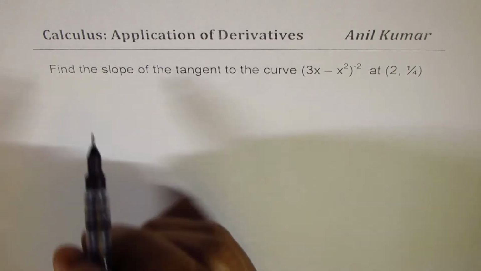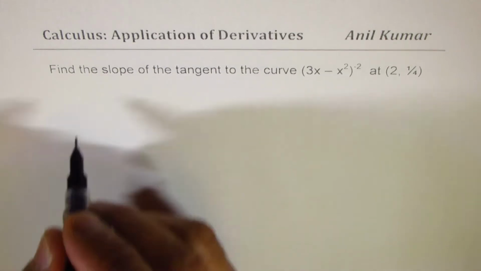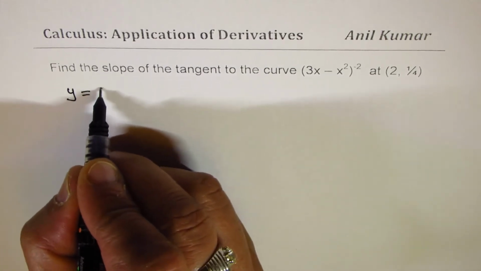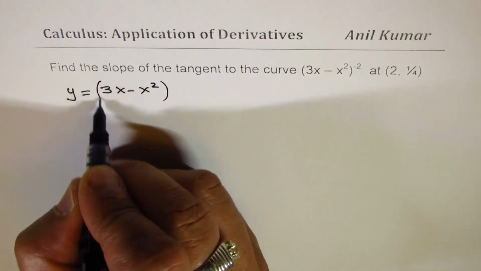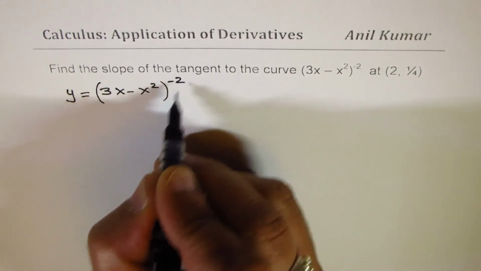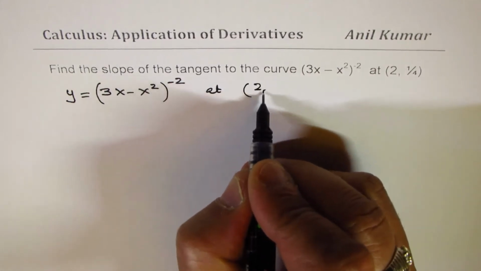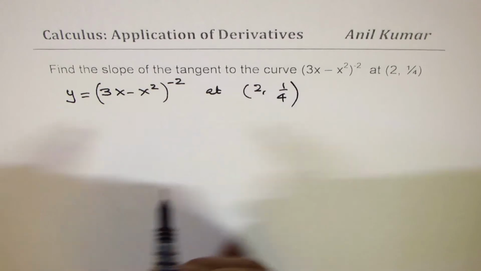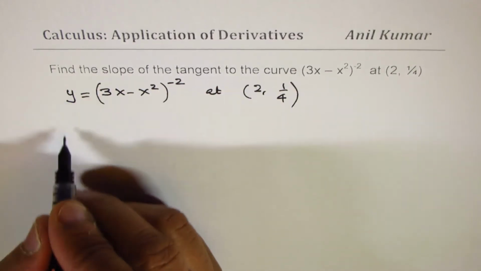Now the next question here is, find the slope of the tangent to the curve. So let's write down the equation. y equals (3x minus x squared) to the power of minus 2, at the point (2, 1/4), right? So we need to find the slope of the tangent line. That means the derivative.